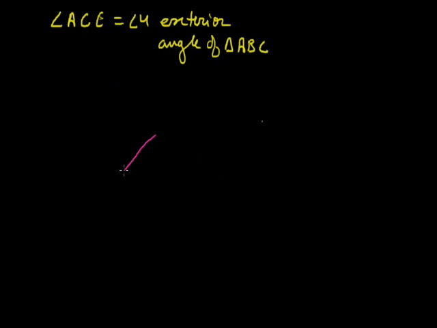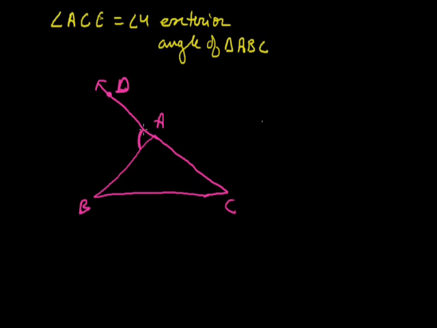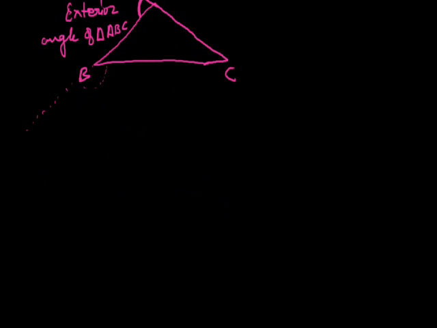Now again, if I extend the other side of this triangle ABC, then this angle is the exterior angle of triangle ABC. Similarly, we can extend this side of the triangle, then this angle will become the exterior angle of the triangle.